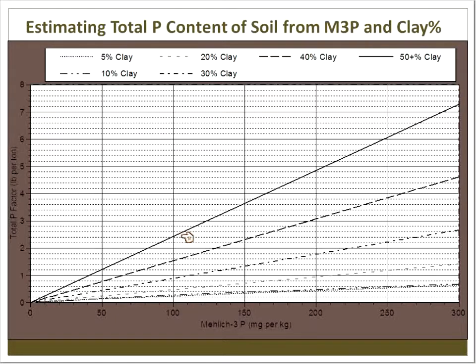Because as you remember, at the same soil test phosphorus level, clay soils have a lot more phosphorus than sandy textured soils. If you have a soil that only has 10% clay, and it has a Mehlich 3P of 100, you're going to only lose 0.2 pounds of phosphorus per ton.